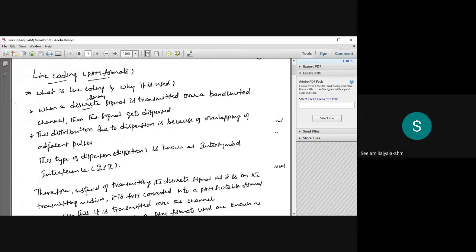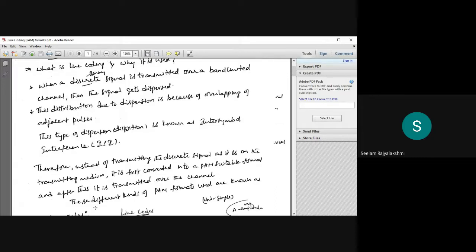Therefore, instead of transmitting the discrete signal as it is on the transmitting medium, we first have to convert this binary or discrete signal into a PAM suitable format, and after this it is transmitted over the channel.